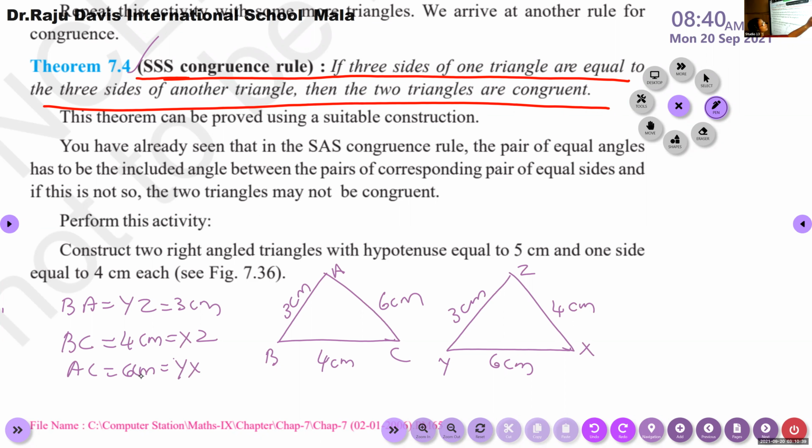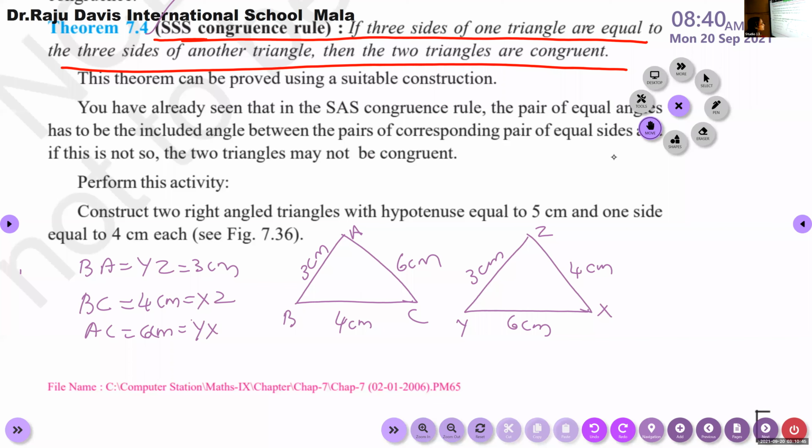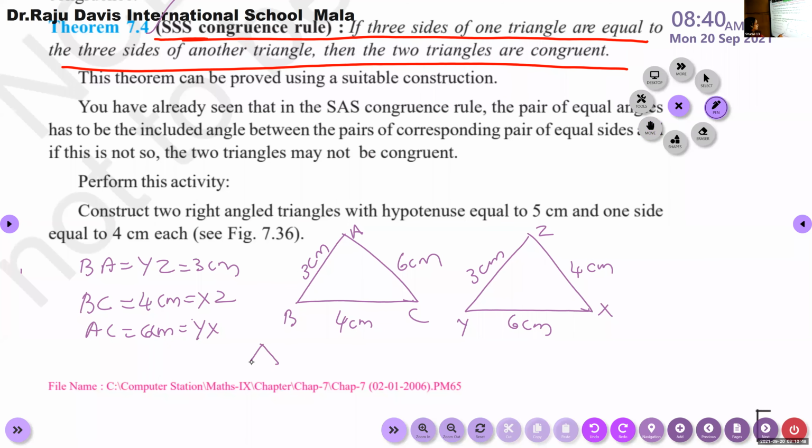So triangle ABC is congruent to which triangle? Three corresponding sides are equal.